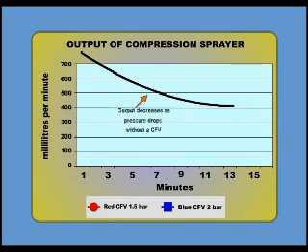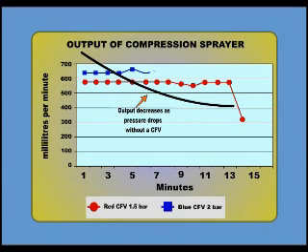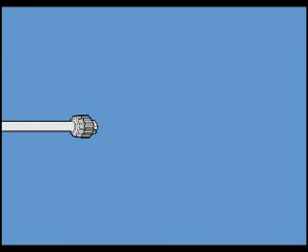Without a CFV, the output at the nozzle decreases as the pressure in the tank drops. By adding the CFV, the pressure at the nozzle remains the same until the tank pressure is too low to open the valve. The CFV must be fitted between the tank outlet and the nozzle. Usually, it is fitted next to the nozzle.